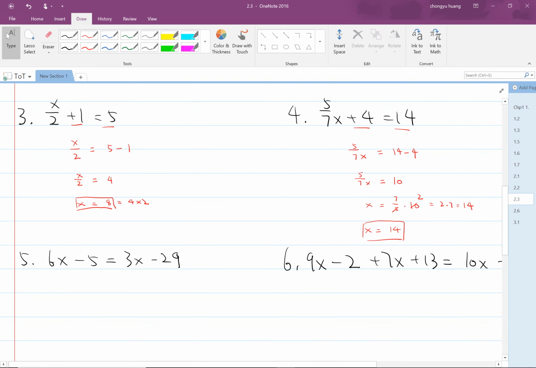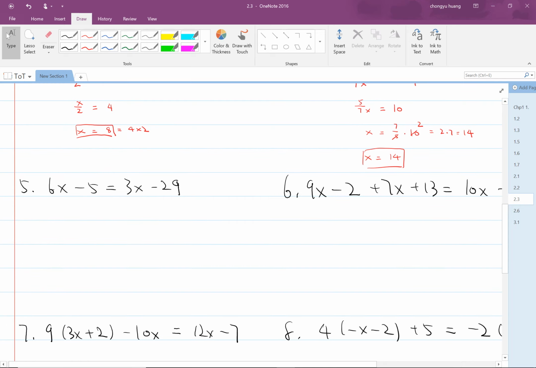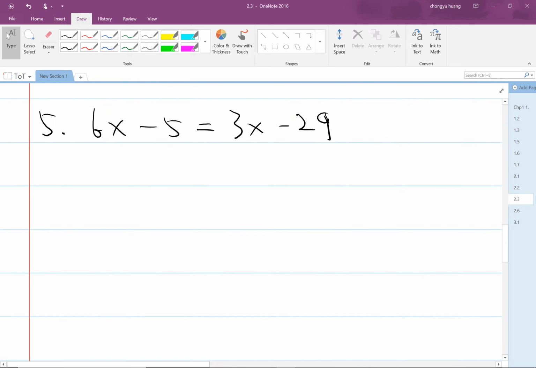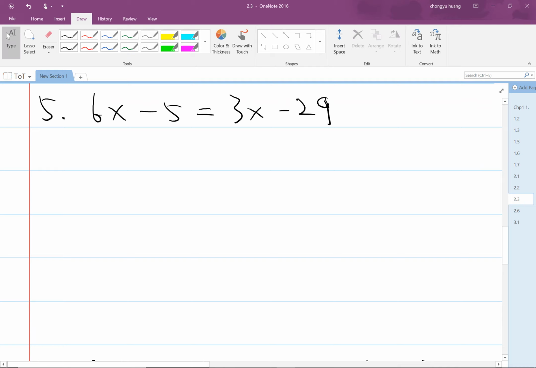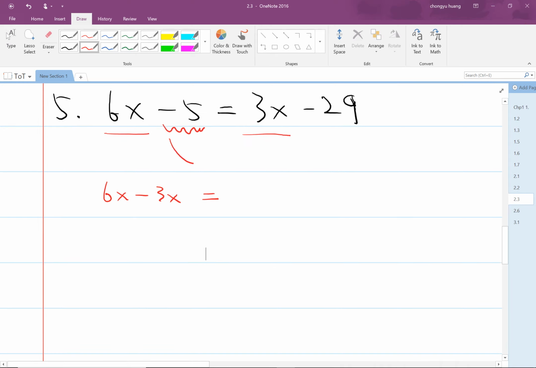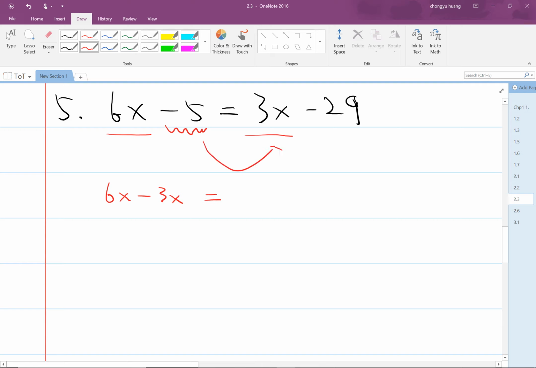Okay, so now we're just going to do question 5. Question 5 is still the same strategy, right? We have 6x and 3x, so we want to move 3x to the other side, so it becomes 6x minus 3x. We also want to move negative 5 to the other side, so it becomes positive 5 and then minus 29.